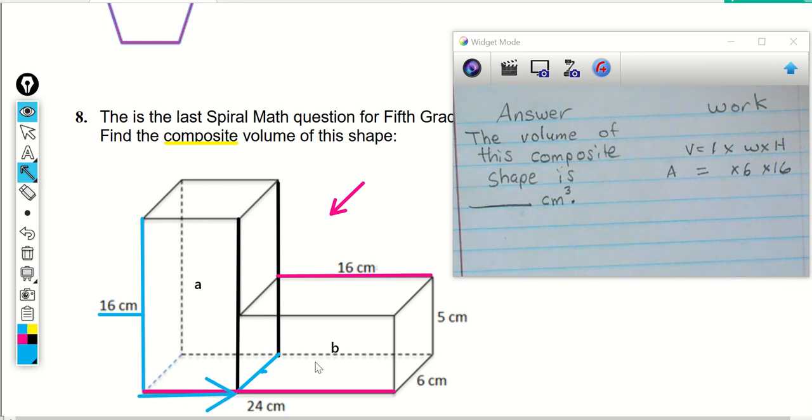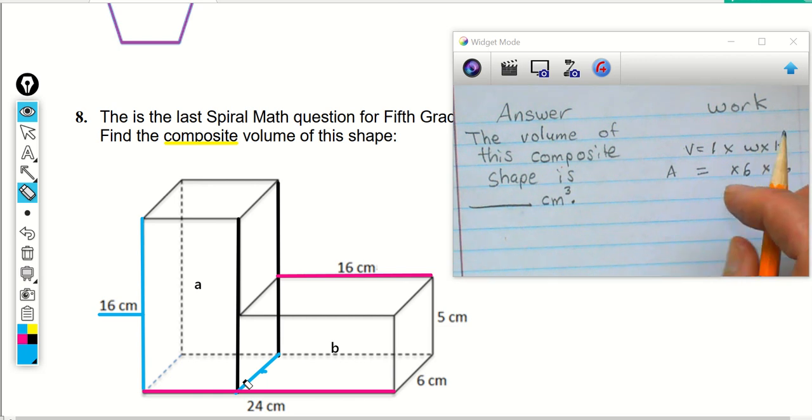So if I have 16 centimeters from this end to this end, I know that if I add 8 more, I'd have a total of 24. So the length of this side right here from this corner where I'm pointing to this part has to be 8 centimeters, because 16 plus 8 equals 24. So the length of shape A is 8 centimeters. That means that this part right here is 8 centimeters.